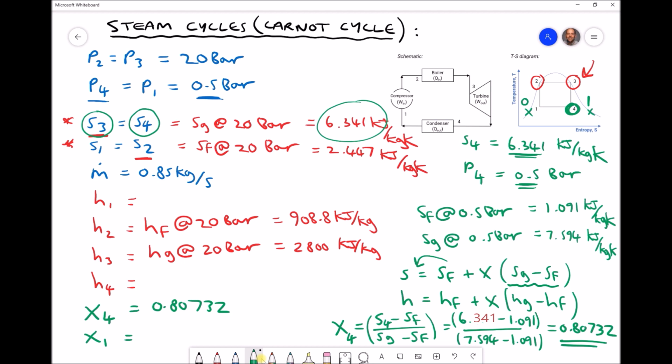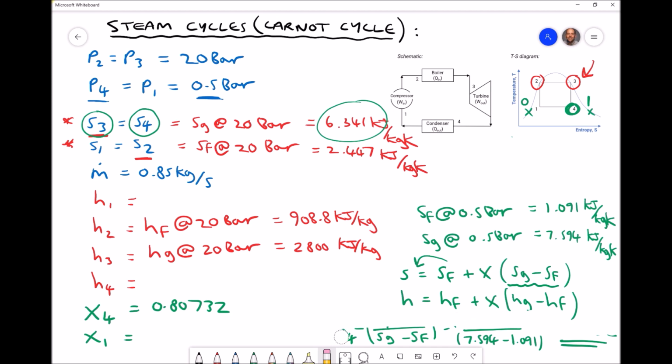Okay, I'm going to remove the information we no longer need, but I'm going to keep our values of SF at 0.5 bar and SG at 0.5 bar. But this time, because we're repeating for position 1, we can lose the information about position 4. And I'm also going to keep our two formulas that connect our enthalpies and entropies to our dryness fraction. However, this time we're working on position 1.